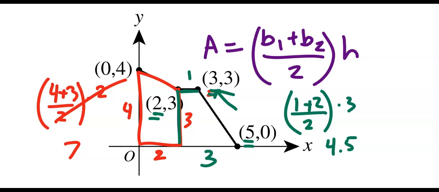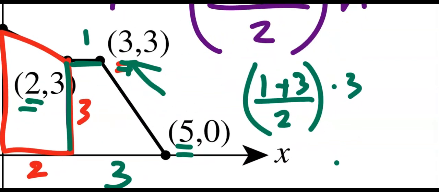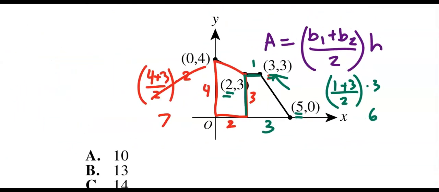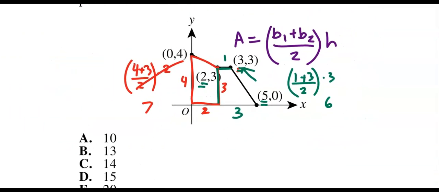From 5 to 2 is 3. Man, got to pay attention. So that would be 6. Okay. 6 plus 7 makes 13. Whew.